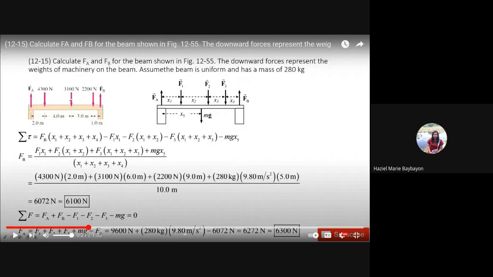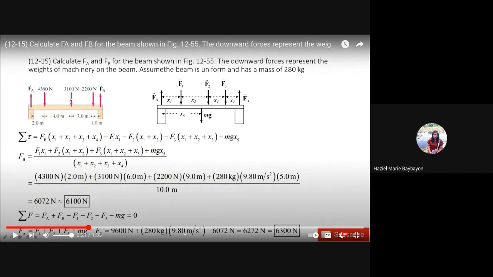For example, on a seesaw, if you sit at the middle, at the pivot point, you will not cause any twisting or turning effect. So the same with this one, F1 will cause a 0 torque.